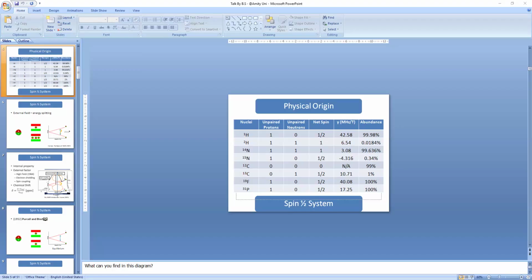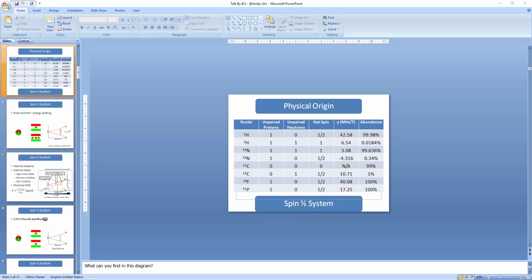And this can be shown by clicking on the slide again, and then you can see it will go back to the ground state, and this will emit radiation, and that radiation will be dissipated to the surrounding in the sample. This can be viewed in a simple spin half system for understanding.